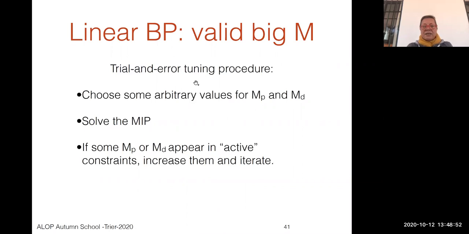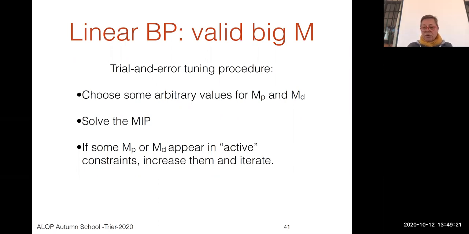In this paper, they mentioned that in the energy domain, at least, to determine those big M, it was frequent to use a trial and error tuning procedure, which is the following. You choose some arbitrary values for MP and MD, so the big M for the primal condition and the dual condition.